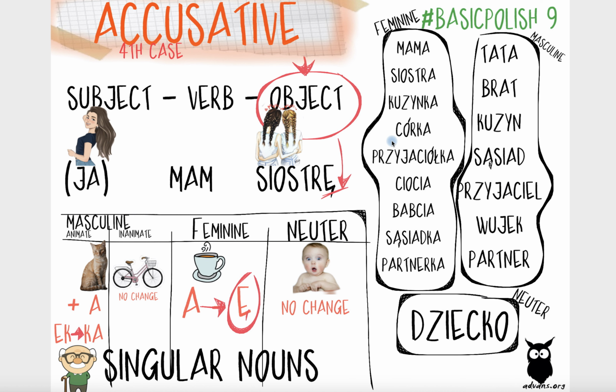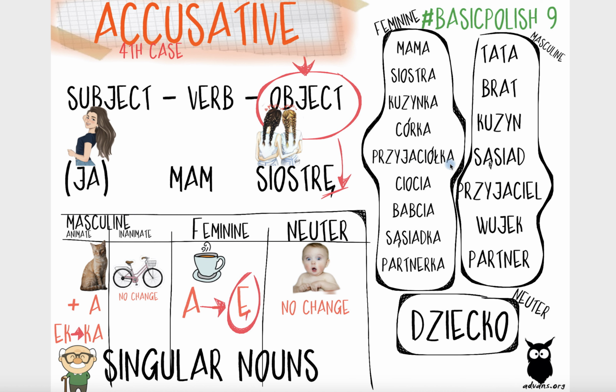So in order to say I have a daughter, you already know what to do. Mam córkę. Once again, mam córkę. I know I'm pointing at sister, but I just want to point to that change of a into ę, okay?